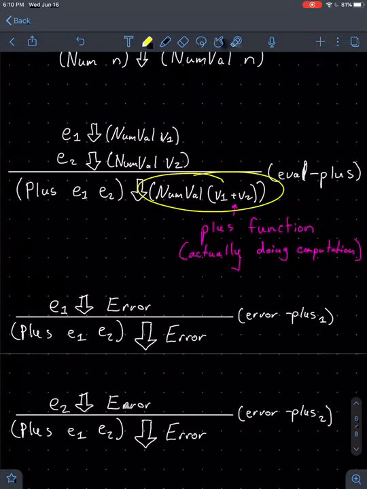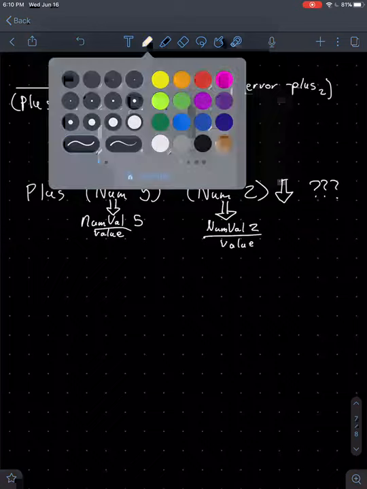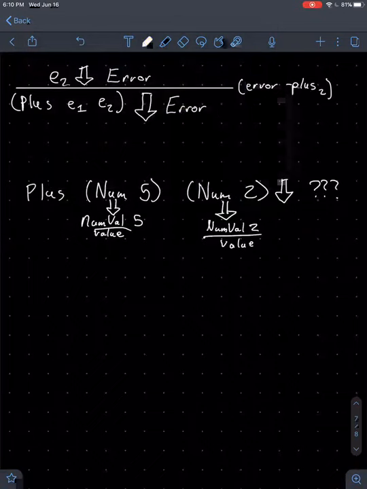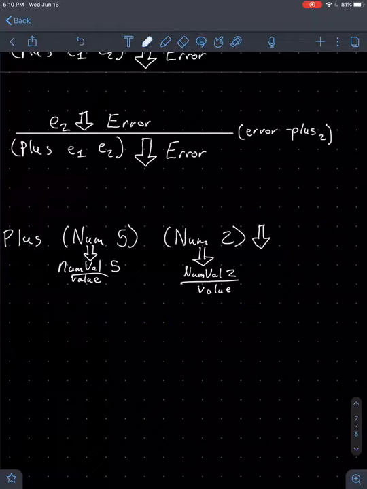What's the result of the whole plus? Is it just 7? Numval 7, right? I'm going to be really pedantic about that. It's really important we don't goof that up, because when you go and program in Scala, it'll give you trouble. So, moving this over a little bit, we have a result of numval 7.